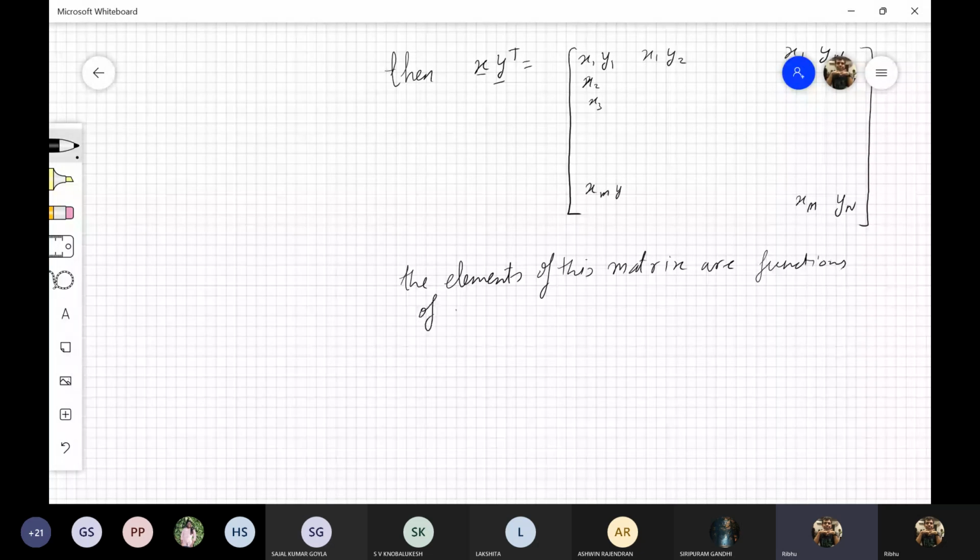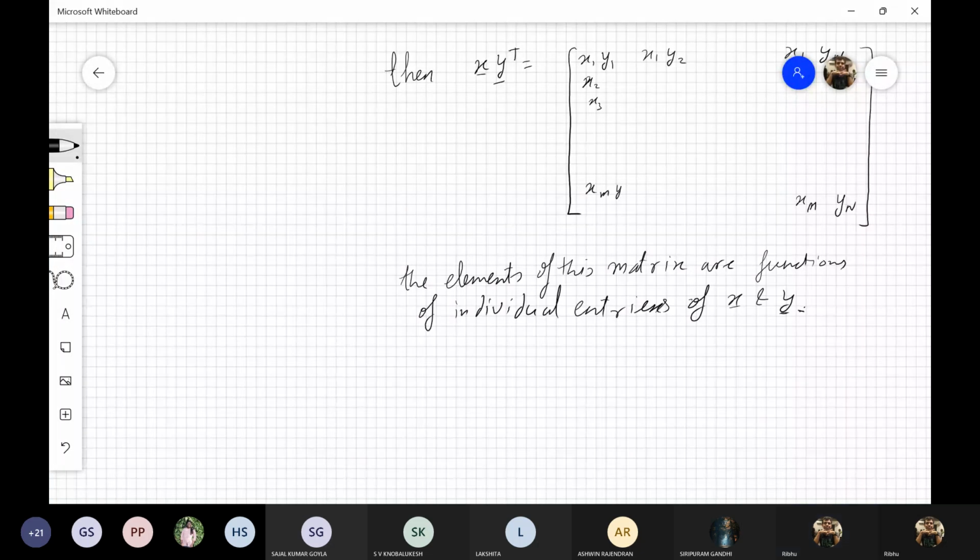Fine. The inner product depends on the cumulative behavior of x and y, whereas here the entries of this matrix are functions of the individual elements of x and y.